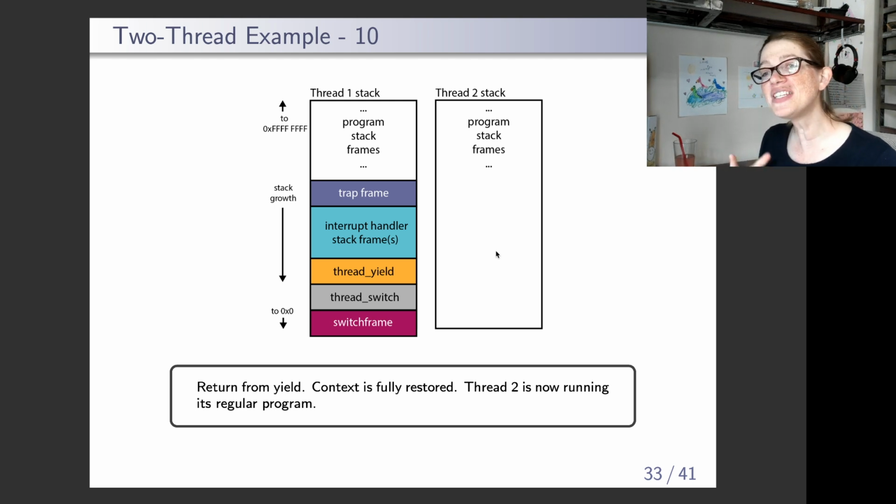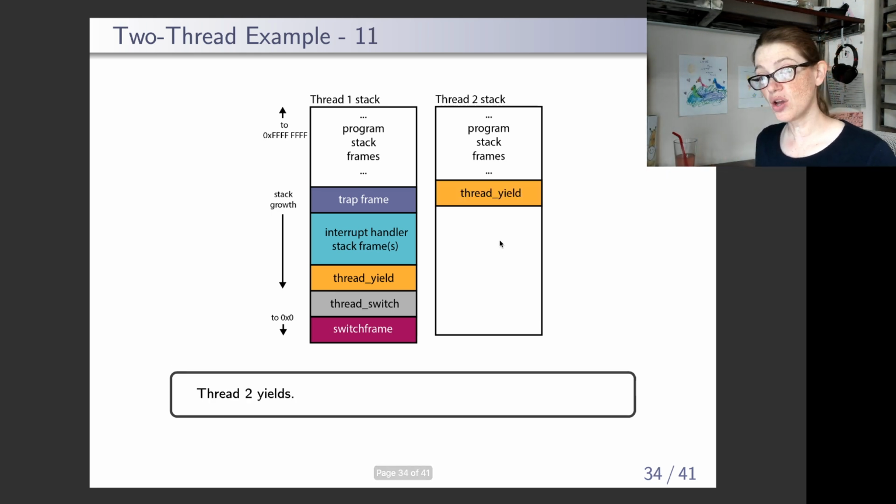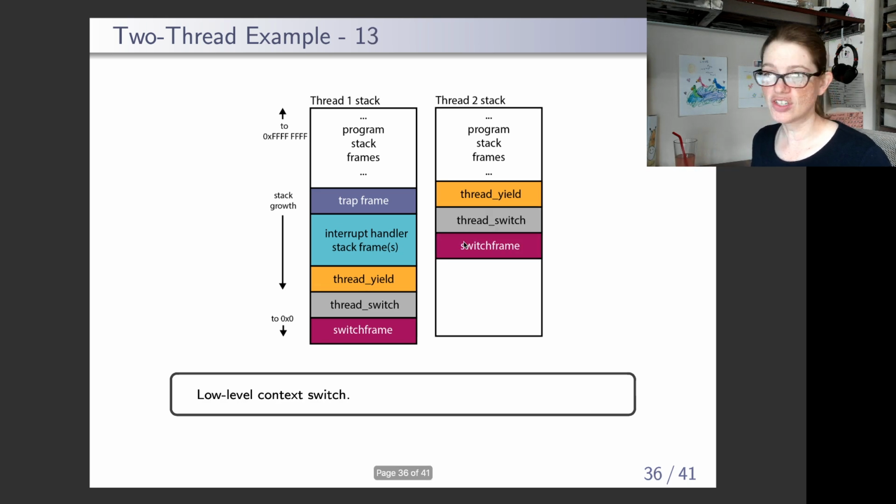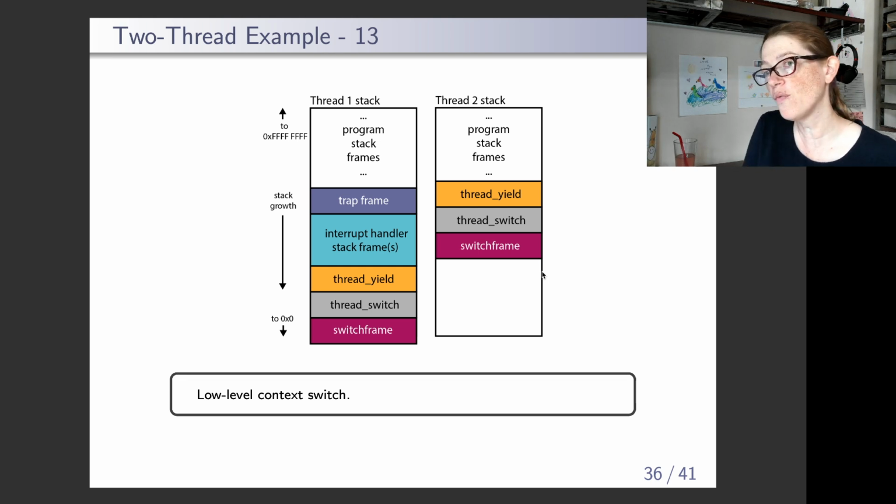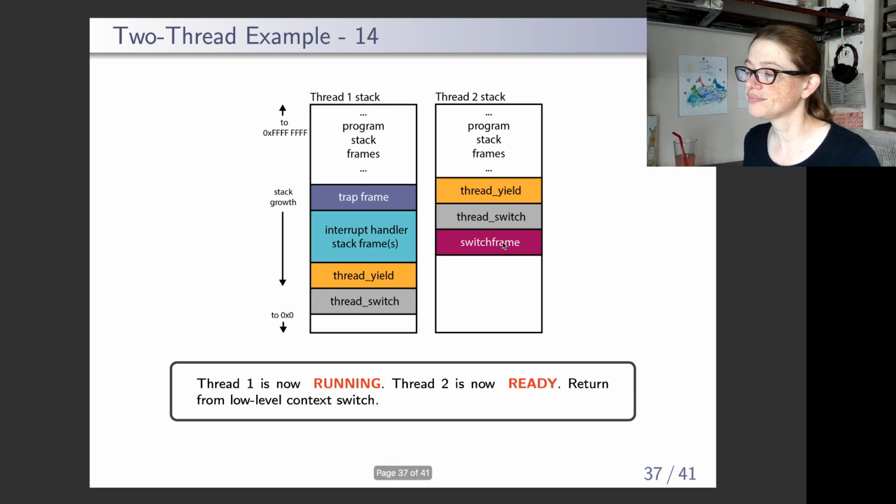Now, thread 2 I said is the friendly thread, and it's friendly because it calls yield before its quantum expires. So it called yield, yield called switch, switch called switch frame, which again is going to do the low-level callee save store and then callee restore for the new thread. We go back to the rude thread that doesn't like to share, and now its callee save registers have been restored.